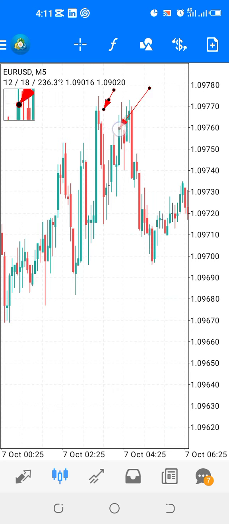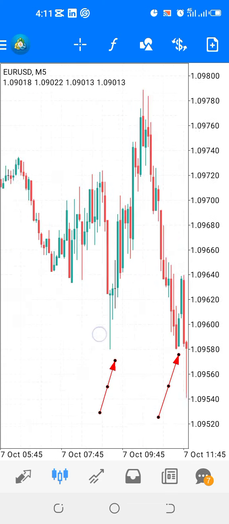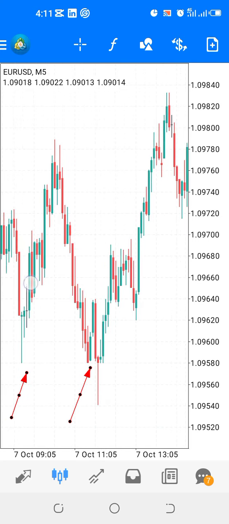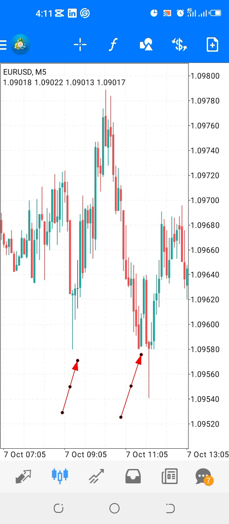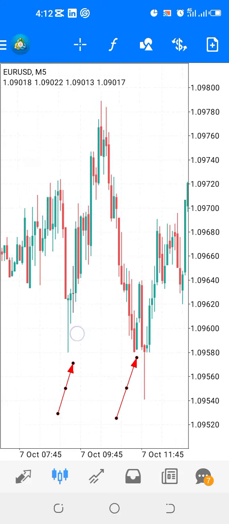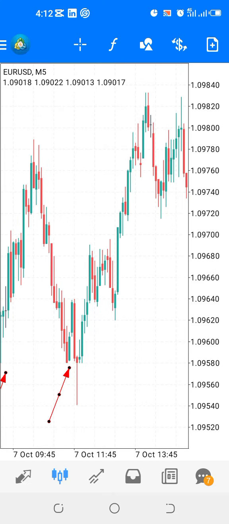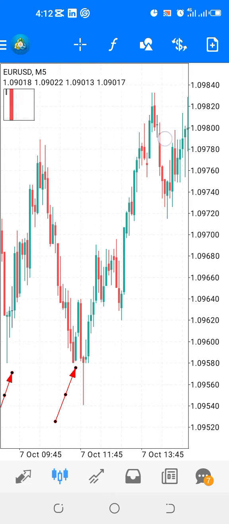When price got to this point a second time, it went downwards. Same thing with a double bottom. The price came down to this point, hit this bottom, went up, came back down and hit this same bottom. Getting to this same bottom, it went straight up. See, that is how it operates.